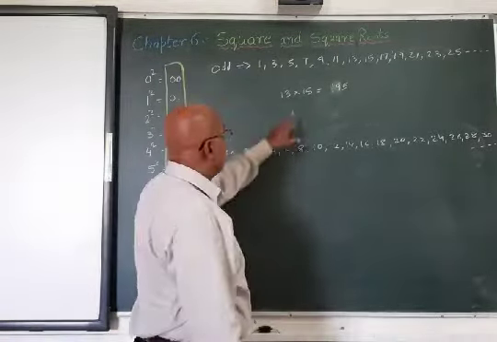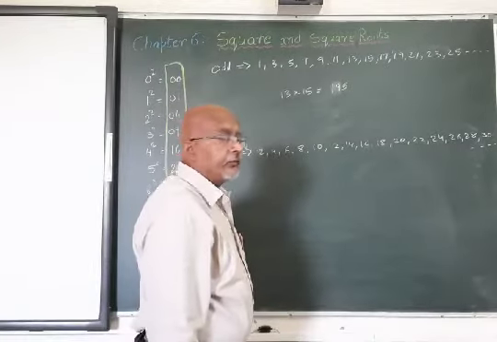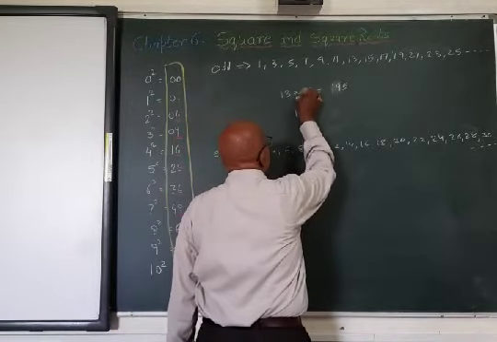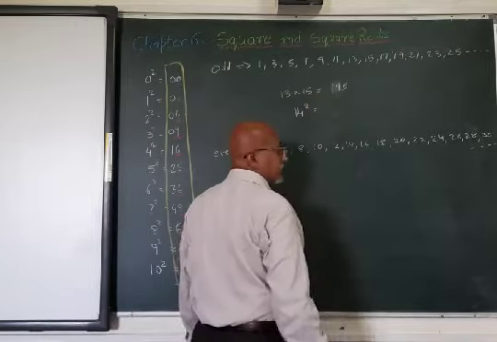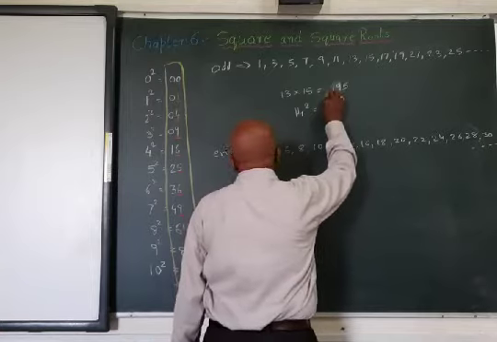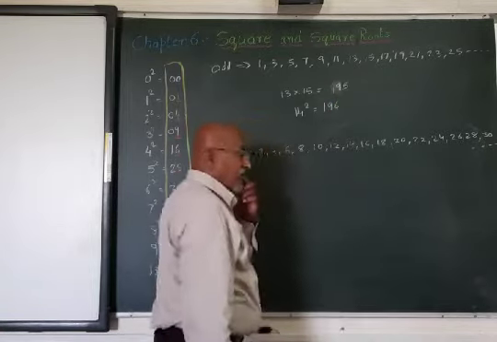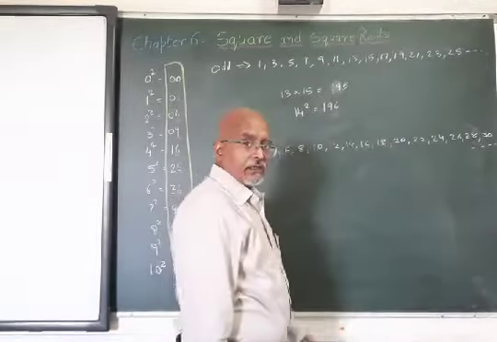What is the middle number between these? The middle number is 14. So I will take 14, the middle number of these two, and I will take the square of this. Now 14 square is what? 14 square is 196. What is the difference? Difference of only 1.